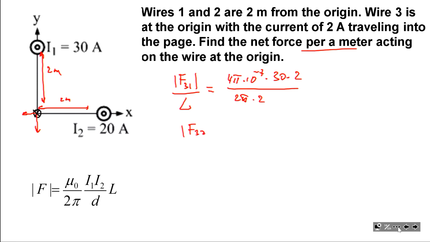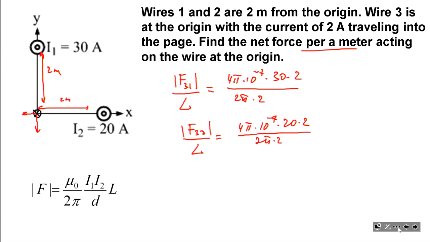On 3 from 2 per meter, 4 pi times 10 to the negative 7. Oops. Now it's a different current times 2 divided by 2 pi times 2.